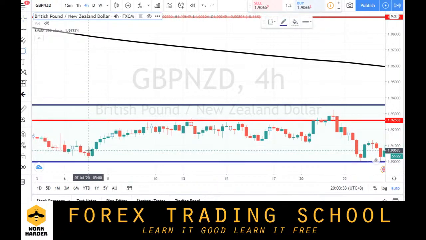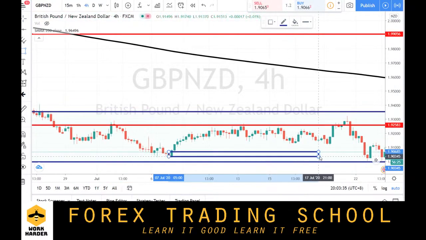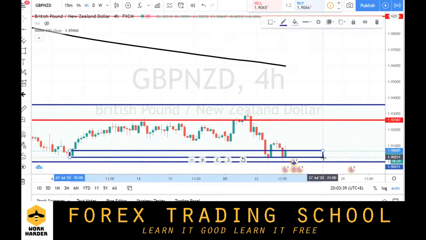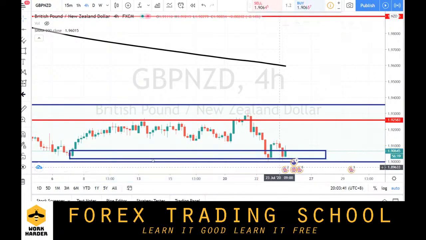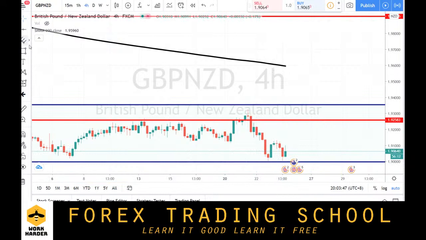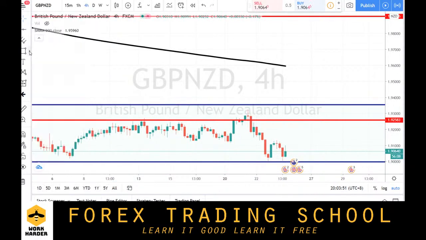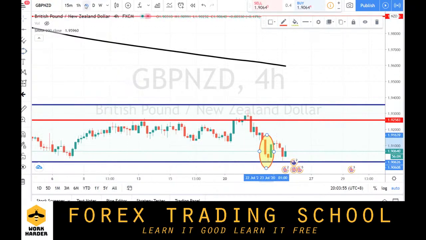If you took the trade here, we have a demand zone inside another demand zone. If you took the trade here, you have not been stopped out, and you can see there's one more bullish engulfing candlestick coming up over here. This is on the 4-hour.